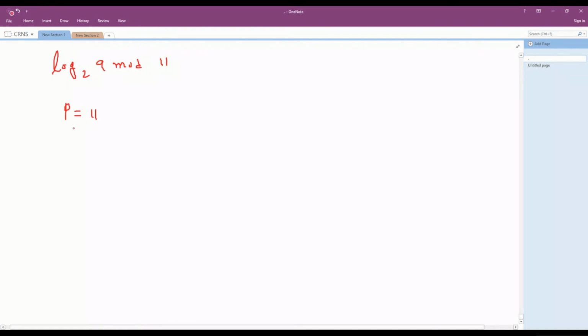Now I can rewrite this equation in general terms like this: log base g of x is congruent to n mod p. Here your g is base 2, so g equals 2, and x equals 9.